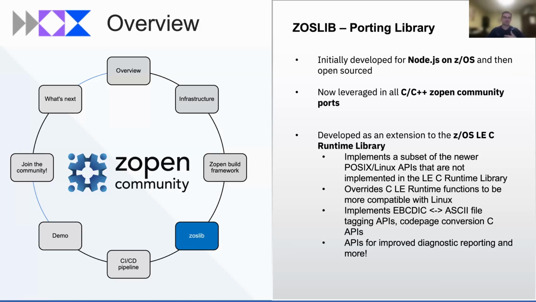It also addresses a number of issues when dealing with mixed code pages, amongst other things. Again, this was originally implemented, I would say about 5 to 6 years ago, for the Node.js on zOS runtime. It was open sourced, and now we're extensively using it within the zOpen community for almost all of our C and C++ projects.